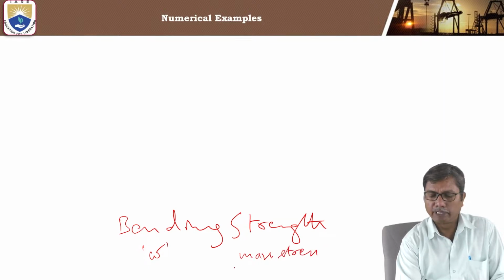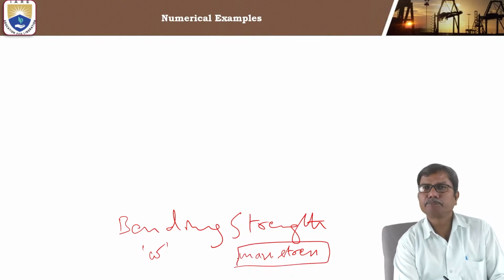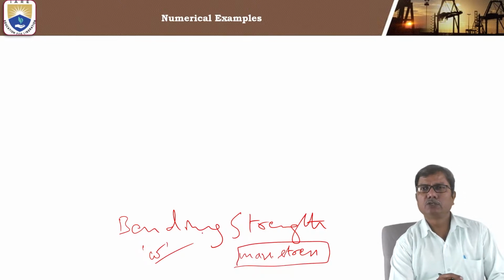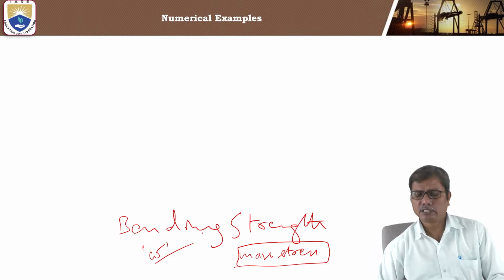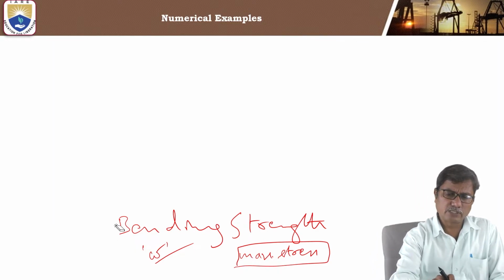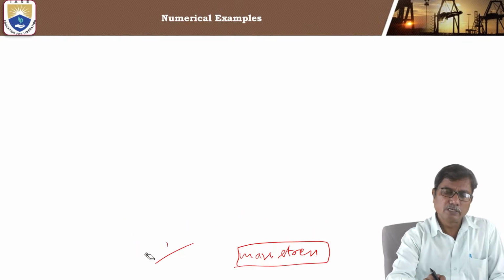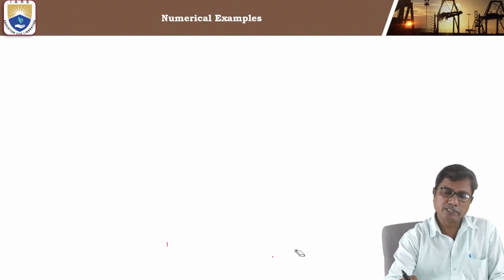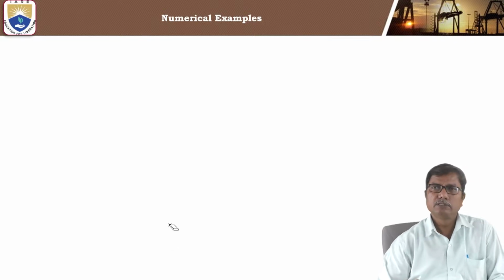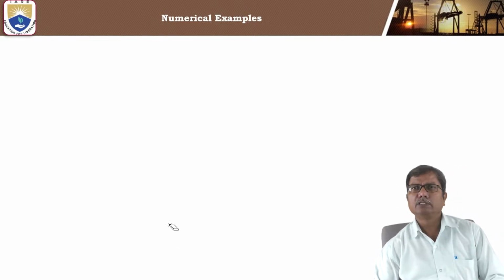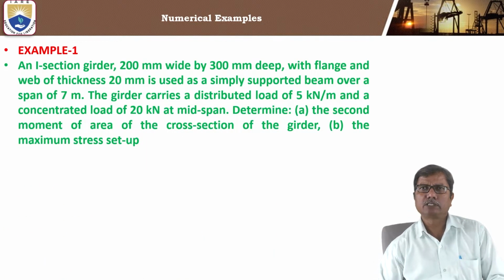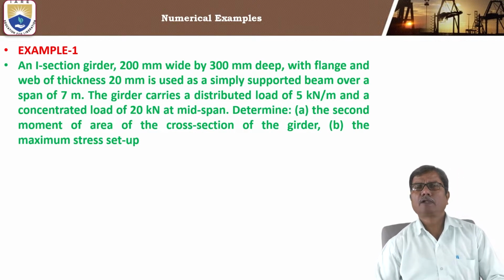When we know the maximum permissible stress, we can find the load that can be applied on the beam, the safe load for the given maximum limiting stress. We'll proceed now with some examples.